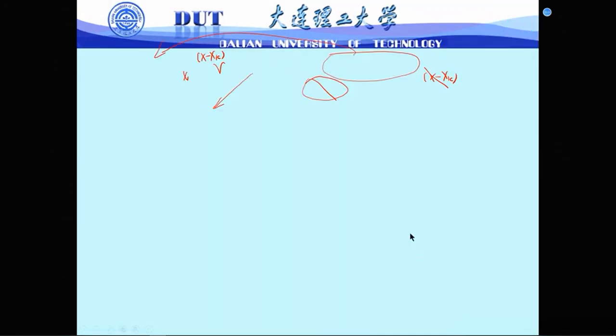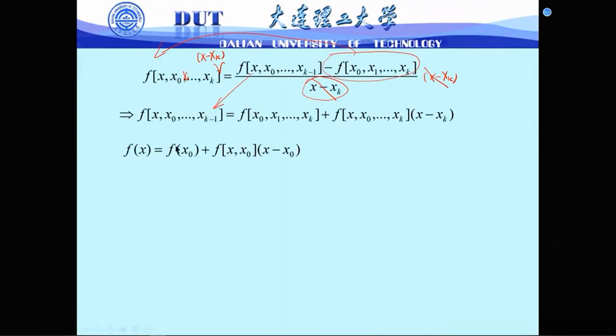It's okay? So here, we put this term. And by this formula, let's consider, because this is a general case, right? So we just need to write this term by the new terms. So that means we use this formula.